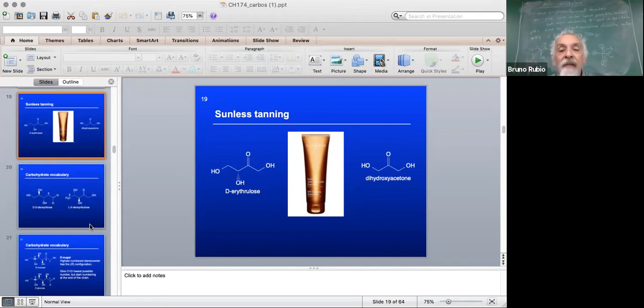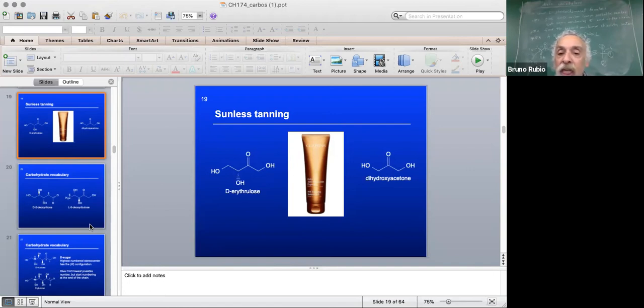Have you guys ever heard of the Maillard reaction? Maybe if you don't cook, you've never heard of it. What is that? That is what happens when sugar gets together with protein and heat, and the protein and the sugar bond together, and the color of most of those compounds is brown.